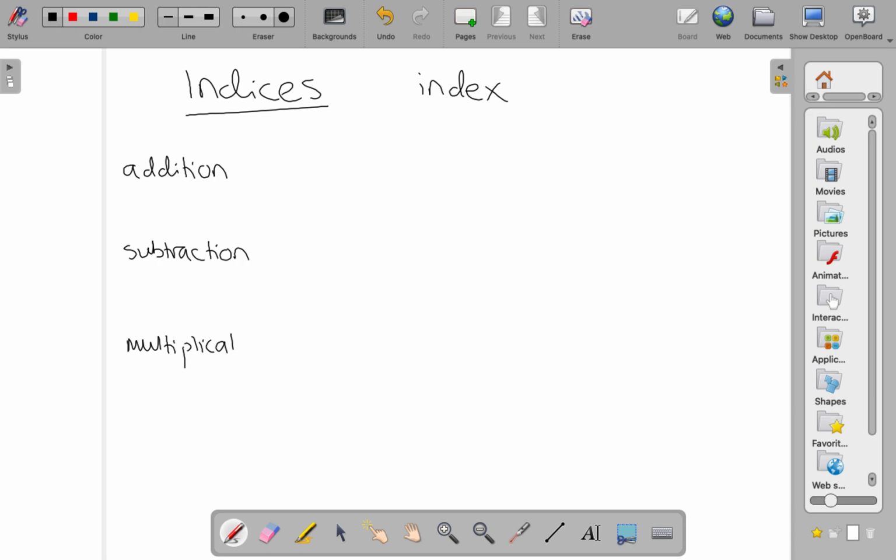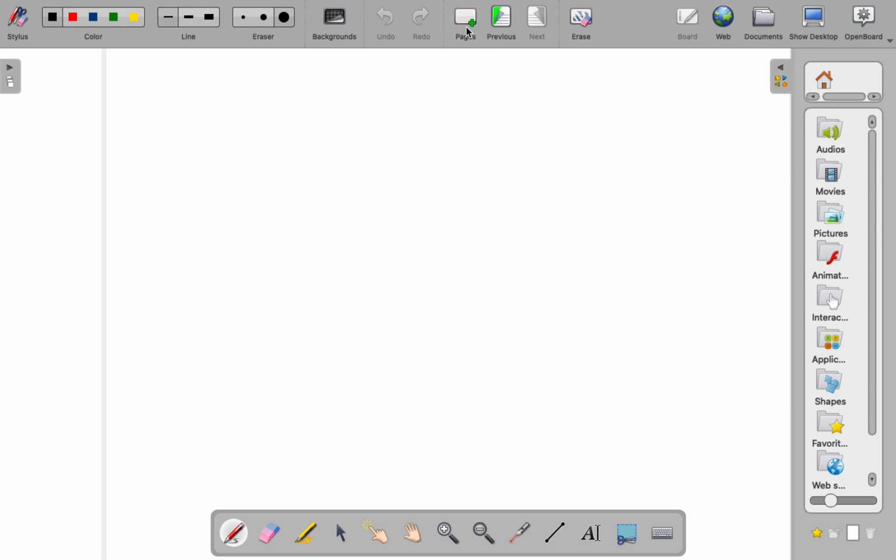So let me just explain something first. The reason why we use index notation is because, let's say, for example, we wanted to write x times x times x times x times x times x. So we've got 1, 2, 3, 4, 5, 6 x's.